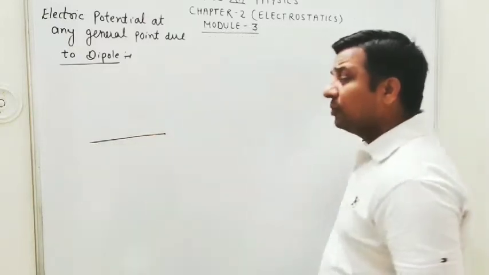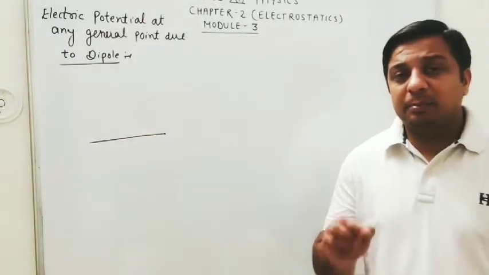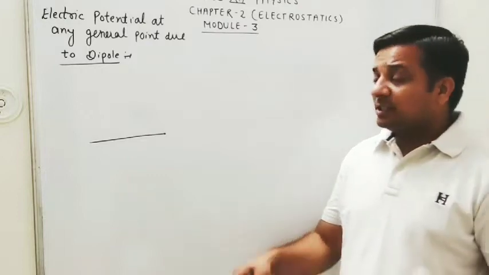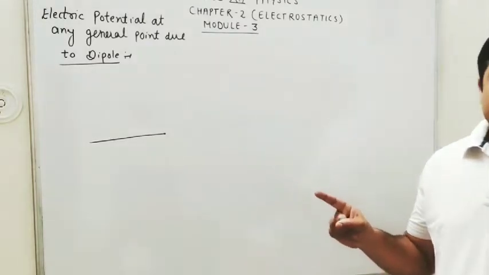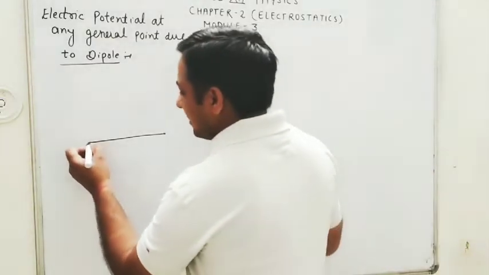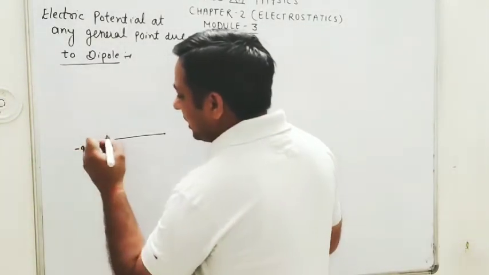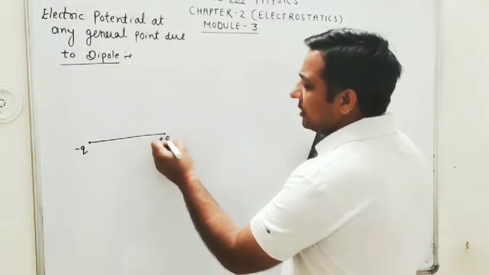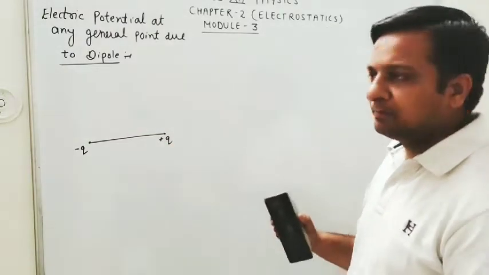Now, let us consider an electric dipole. You know, an electric dipole is a pair of equal and opposite charges separated by a small distance. Here, minus q charge. Here, this is plus q charge.